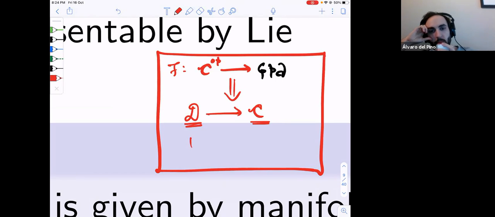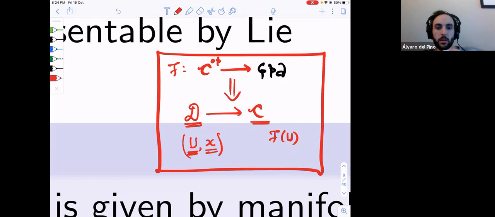I need to fix an object U and an object X of F(U). So an object in D is a pair: first, an object U of C and an object X of F(U).